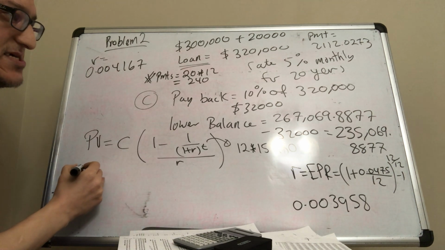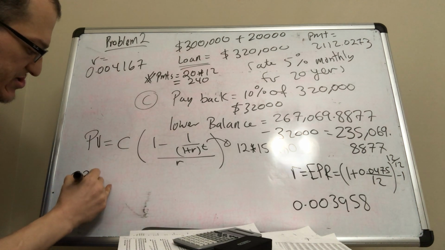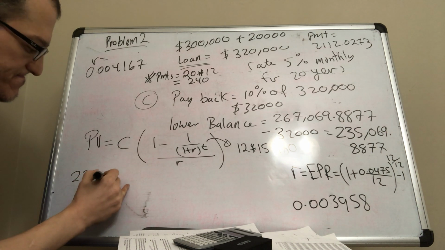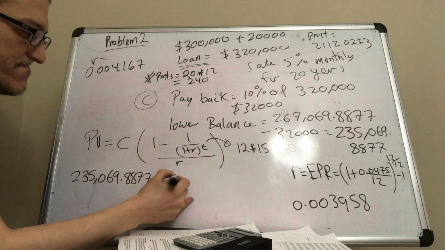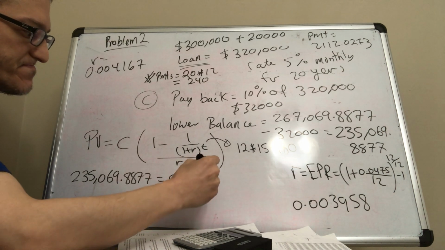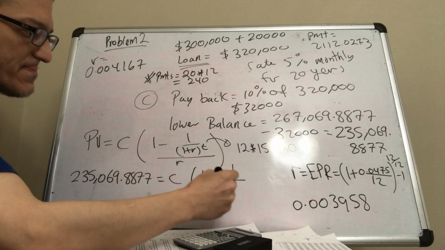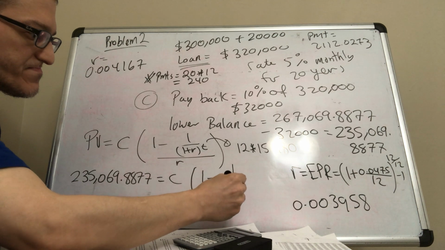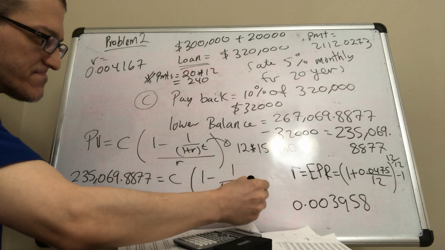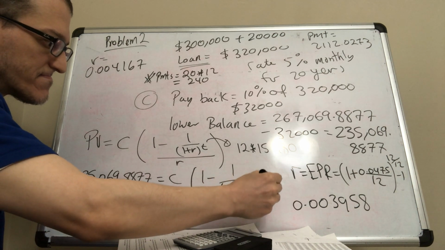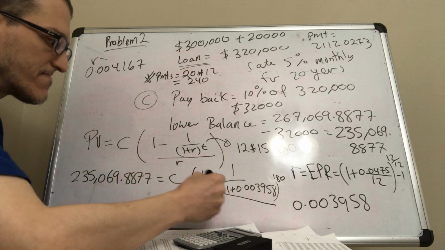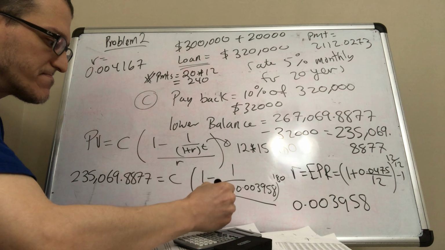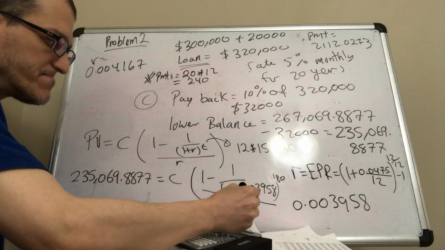So your PV, we figured, is 235. C, we don't know. T is 180. Over R.